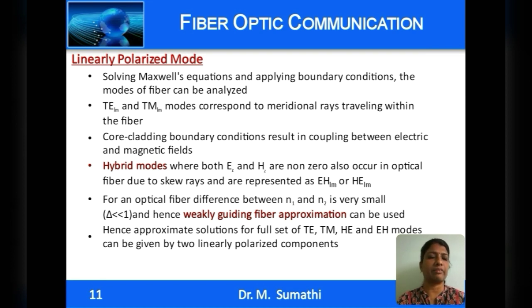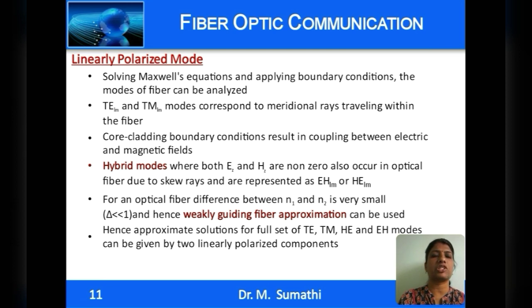What is weakly guiding fiber approximation? That is for very small difference between N1 and N2. So, in practical fibers, the difference between the refractive index of the core and the cladding is very small. N1 minus N2 or delta is very small, and therefore, the light that is launched into the fiber, sufficient amount of it travels through the cladding also.